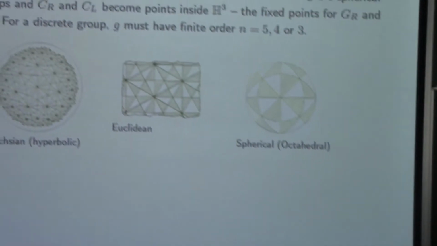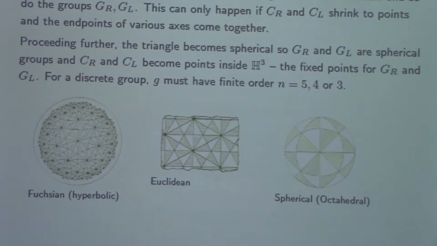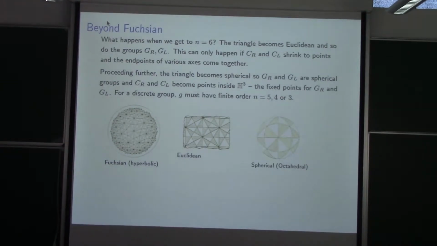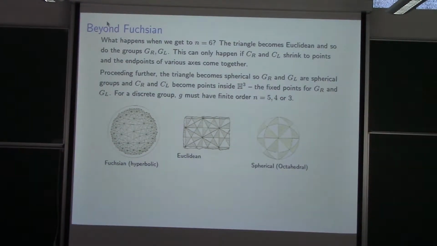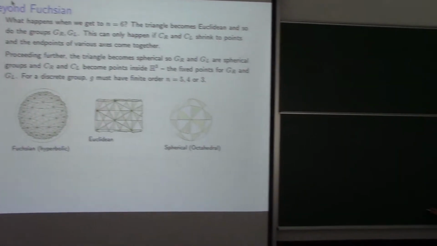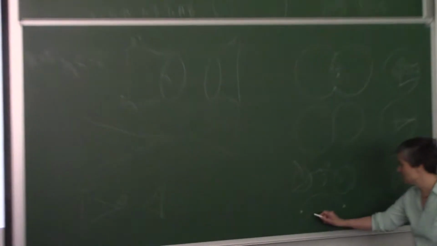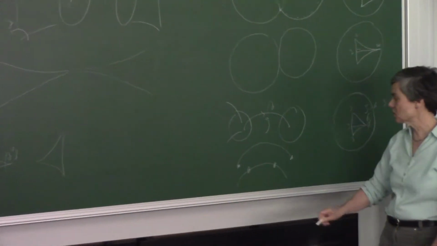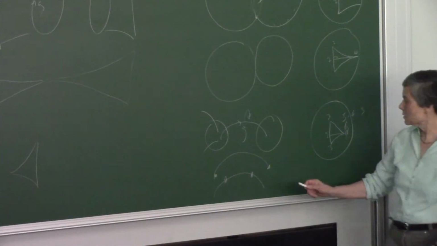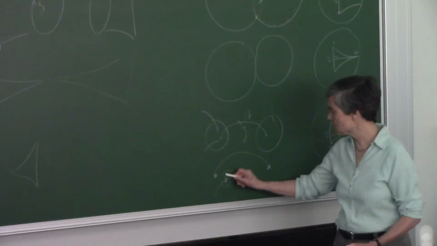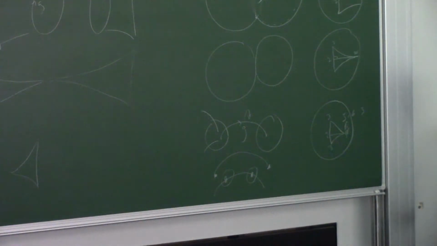And then I keep going to 5, 4, 3. Well, we know what these are. These are spherical groups. And what happens is that instead of being out at infinity, these fixed points move inwards in a symmetrical way. So you get fixed points inside, like that.